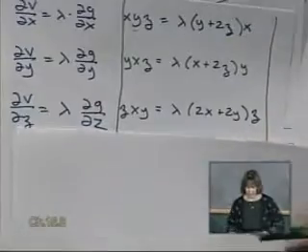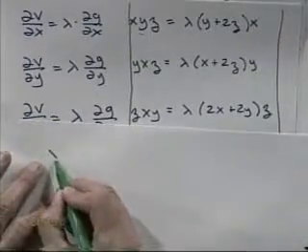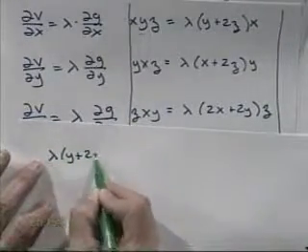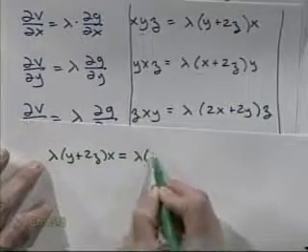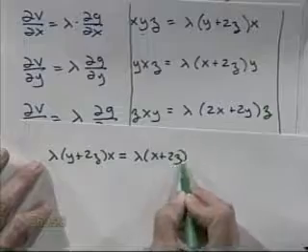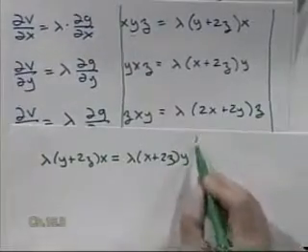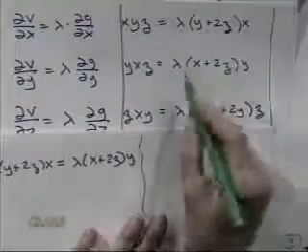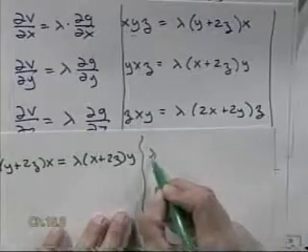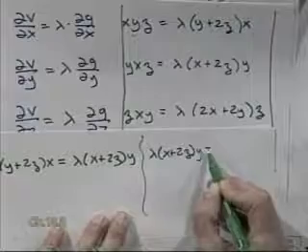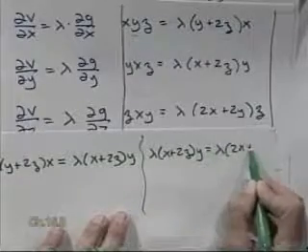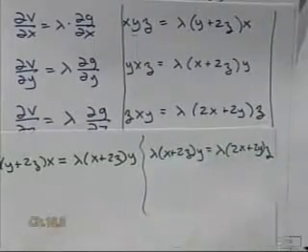So I could say that lambda times (y plus 2z) times x must equal lambda times (x plus 2z) times y. And also, I could say this one equals that one. Lambda times (x plus 2z) y is equal to lambda times (2x plus 2y) times z.